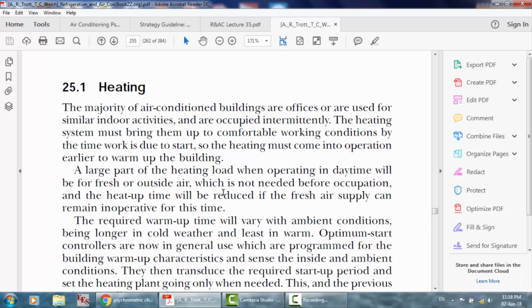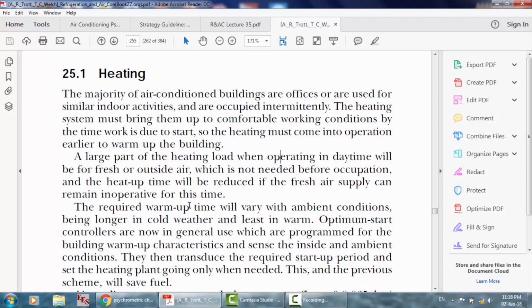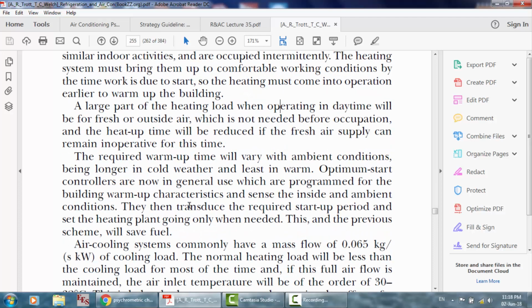A large part of the heating load when operating in daytime will be for fresh or outside air, which is not needed before occupation, and the heat up time will be reduced if the fresh air supply can remain inoperative for this time. The required warm-up time will vary with ambient conditions, being longer in cold weather and least in warm.